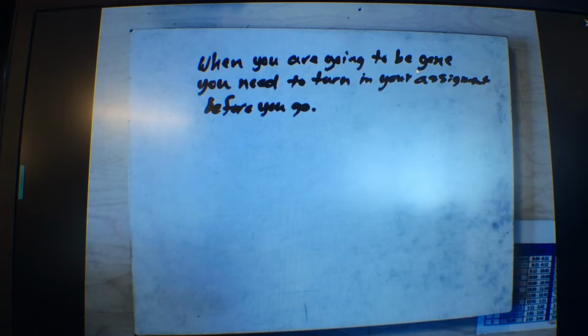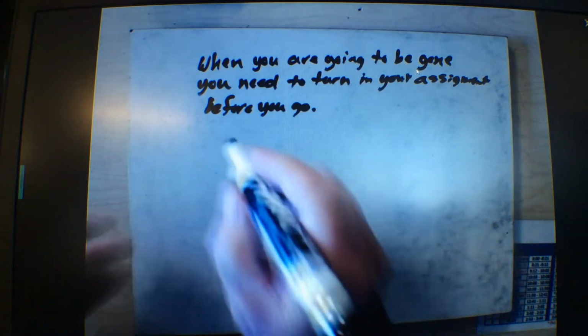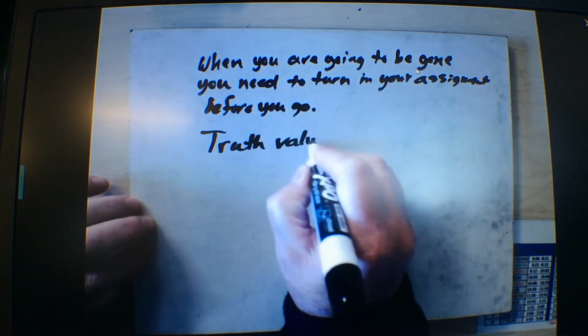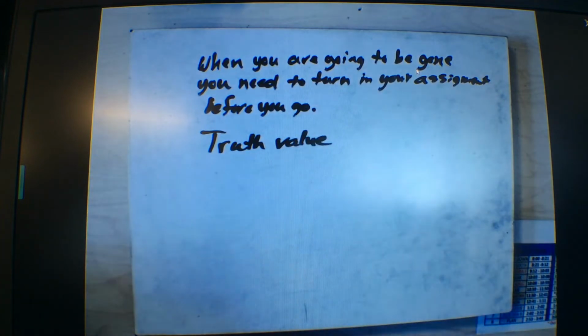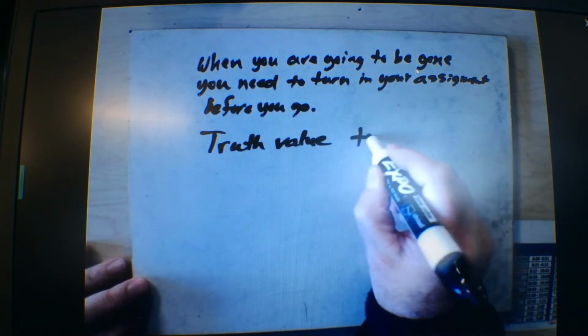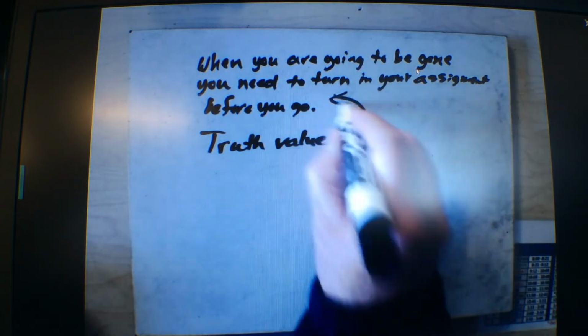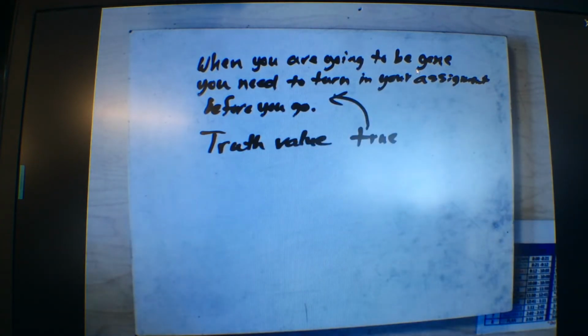This is a statement, okay? Now what we have is what we call a truth value, and the truth value of this is true. This is what Mr. Ellis asks you to do. Some people choose not to do that, but that's what Mr. Ellis asks you to do.